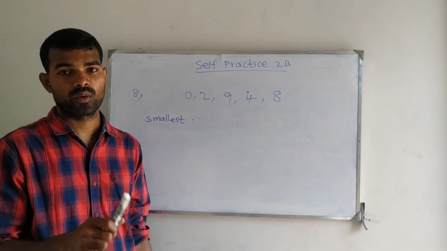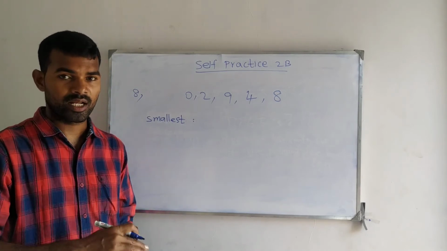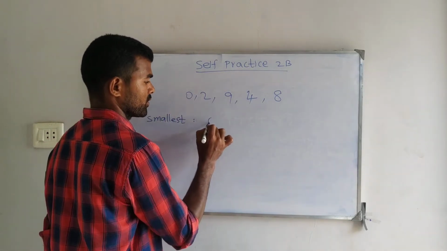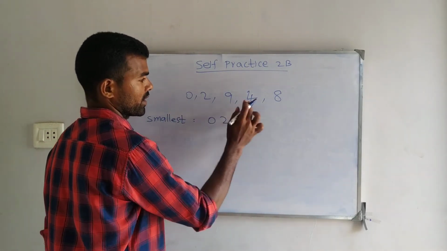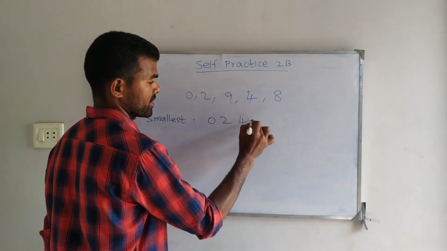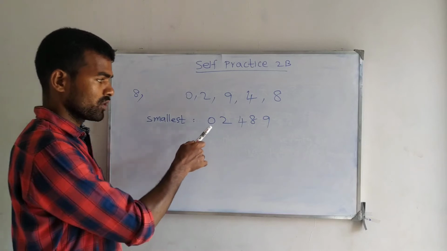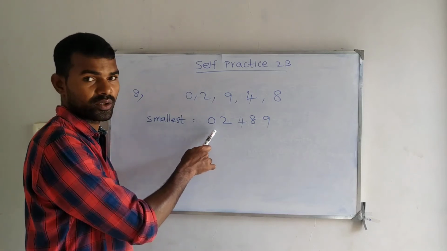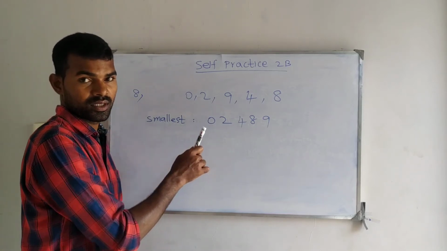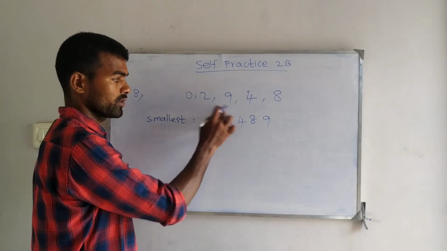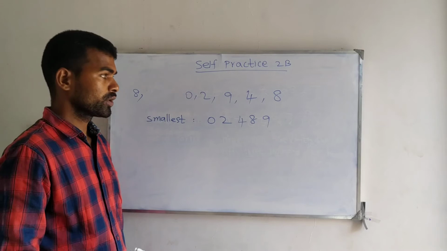Ascending order is 1, 2, 3, 4 like that, smaller number first. What is the smallest number here? 0, 2, then next 4 and next 8, 9. I already told you, if 0 comes in front, what do we have to do? You have to shift the 0 to the second place.